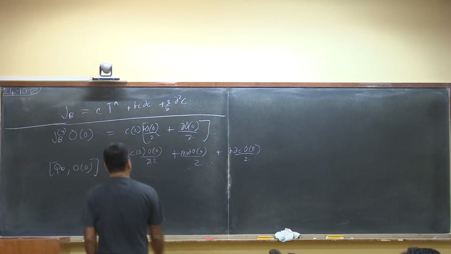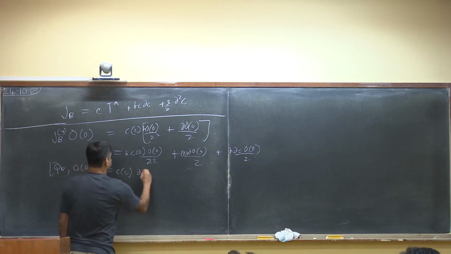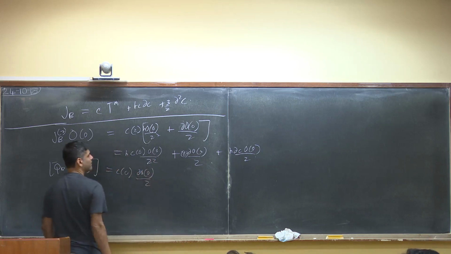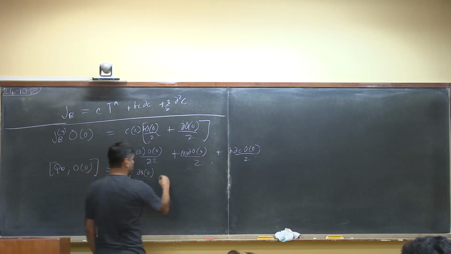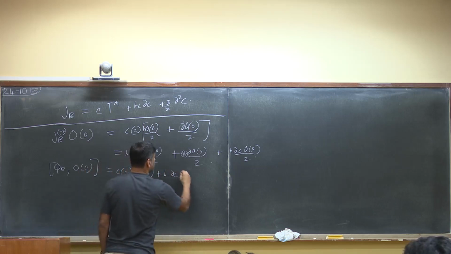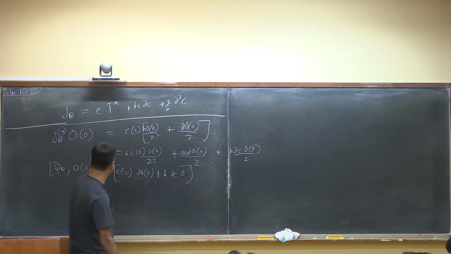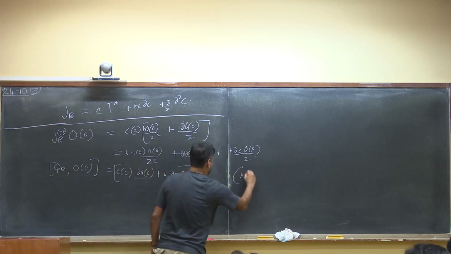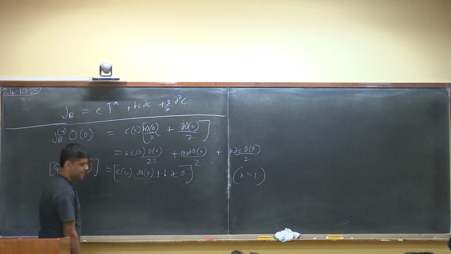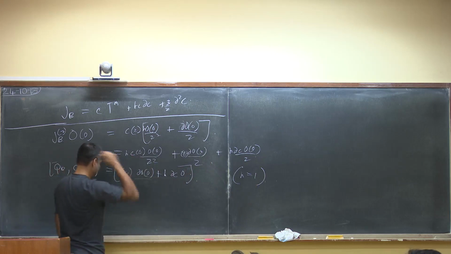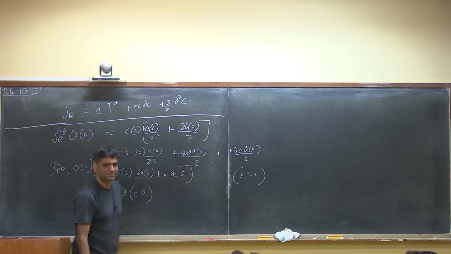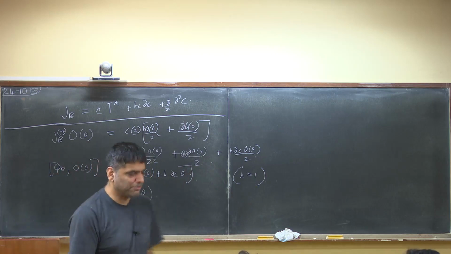So that is equal to c ∂O plus h ∂c O. And if we put the special case h equals 1, then this becomes ∂(cO). This will be very important for us.